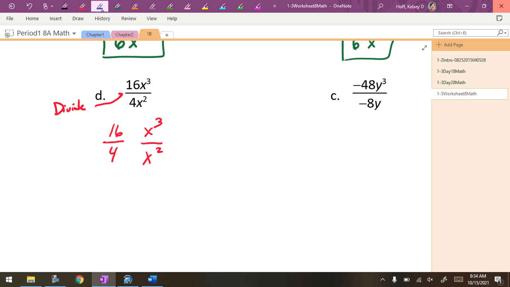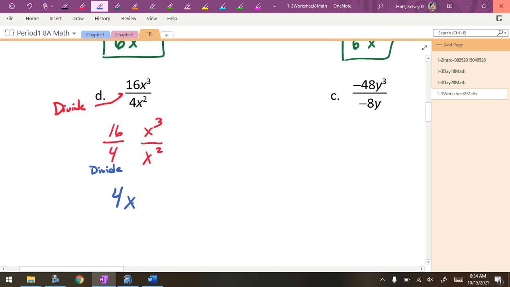They're just coefficients. There's no exponents, so we're actually going to divide 16 divided by 4 is 4. Now, keep the base. What's your base? X. Now, we're going to take our exponents, and what are we going to do to them?